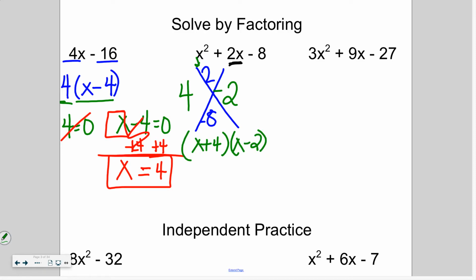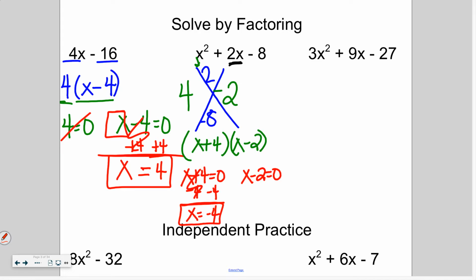Now to set those equal to 0, x plus 4 is equal to 0. x minus 2 is equal to 0. Now I'm going to solve. So minus 4. So x is equal to negative 4.